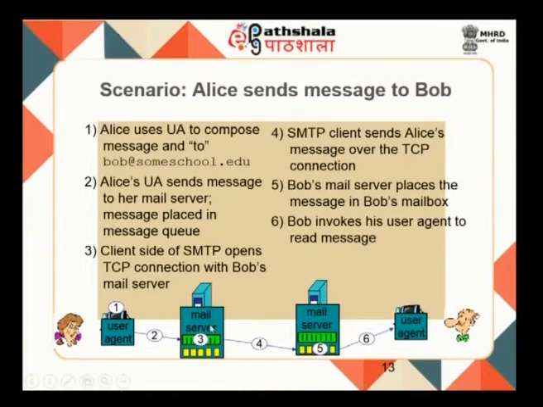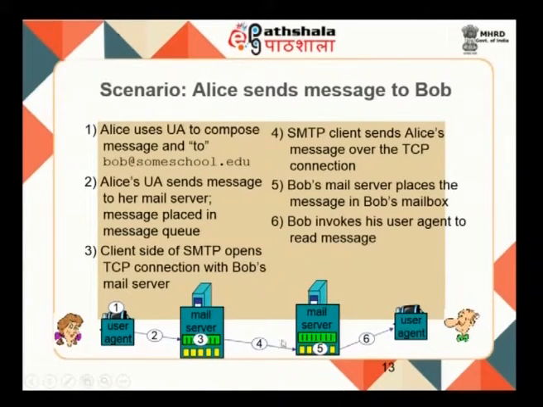Now, this mail server will open a TCP connection with the other SMTP server which is running on someschool.edu at port number 25, and it will now send this SMTP message to the server.